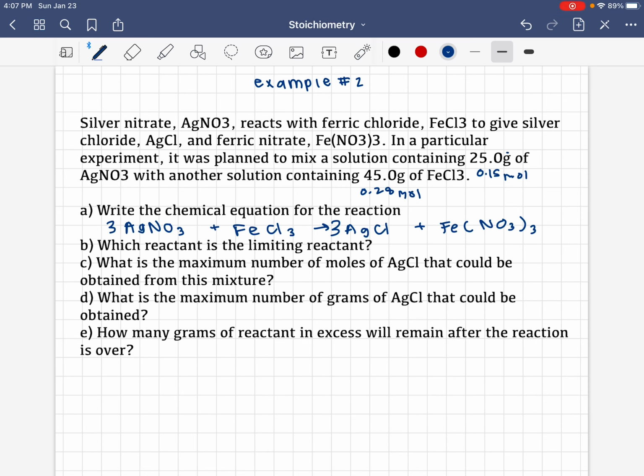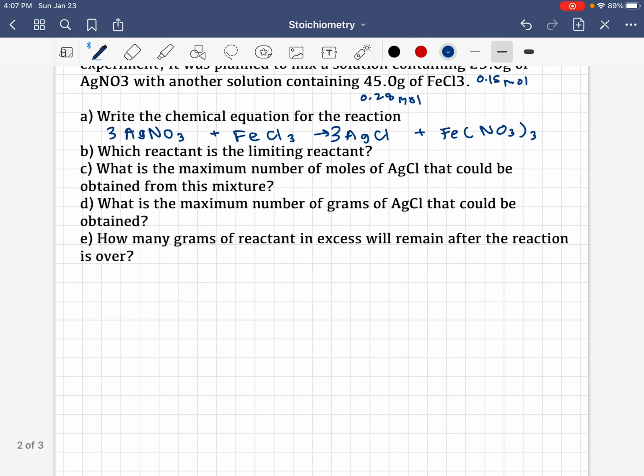Okay, so to find the limiting reactant, we need to compare with the ratio. The ratio is 3 to 1, so I'm going to write 3 to 1. Now let's compare it. You have 0.15 moles of AgNO3 over, not over, this is just representing the ratio.